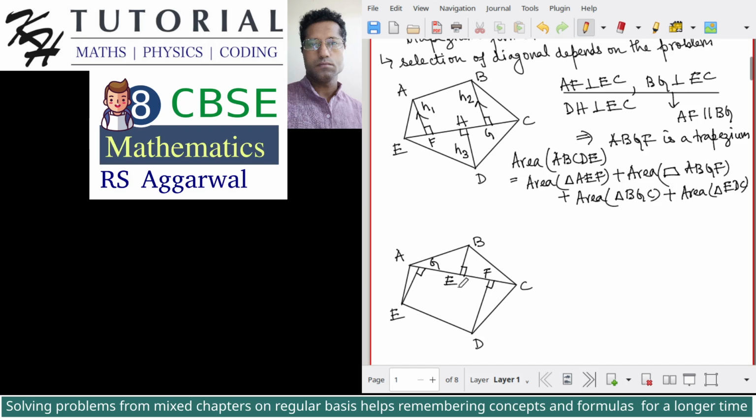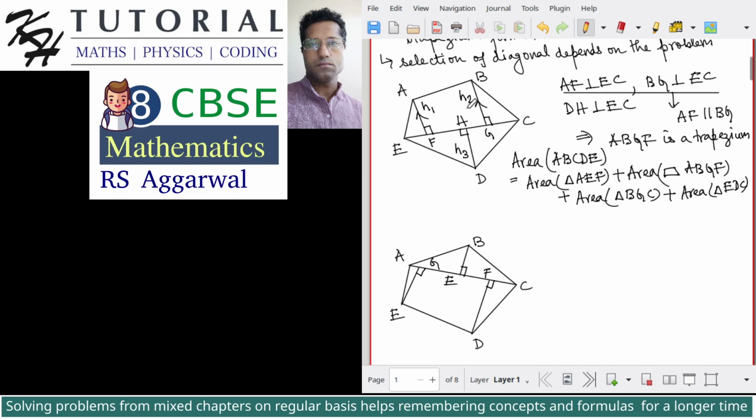Now, this is the standard way of finding the area of an irregular polygon. This example polygon was a convex polygon, that is, all the interior angles are less than 180 degrees.